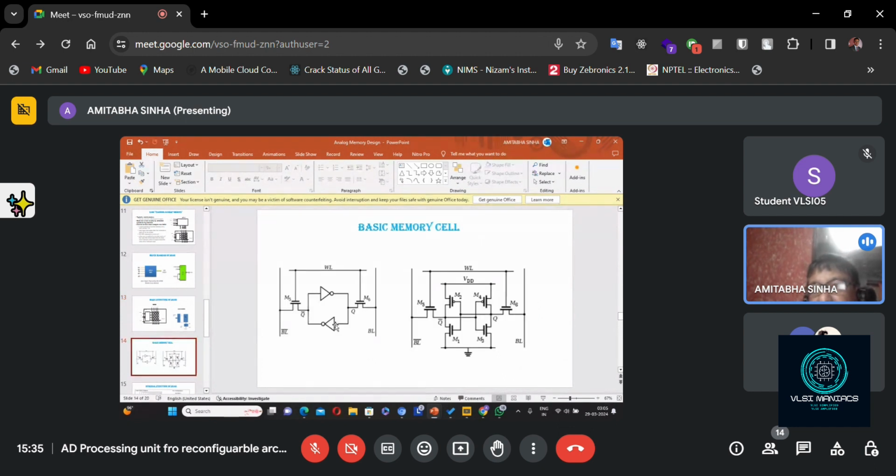So this is the basic memory cell. The fundamental thing is two NOT gates connected back to back. That forms a memory cell. How?